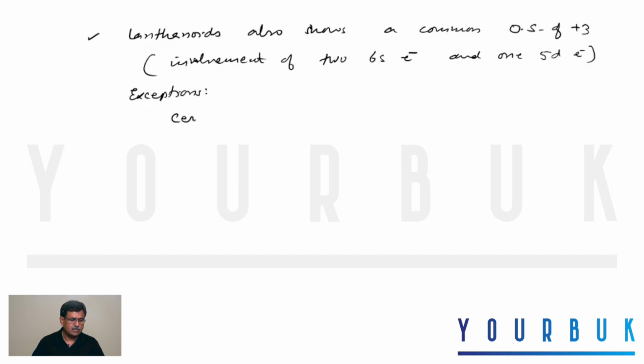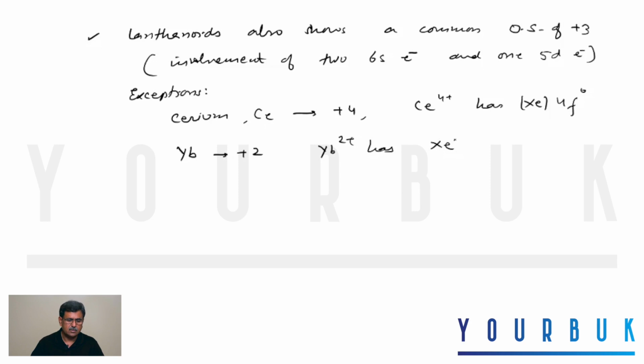One is cerium, which shows +4 because cerium 4+ has a configuration of xenon 4f0. Another exception is ytterbium, which shows +2 because ytterbium 2+ has a configuration of xenon 4f14. Another exception is europium, which also shows +2, and europium 2+ has a configuration of xenon 4f7, which is half filled.